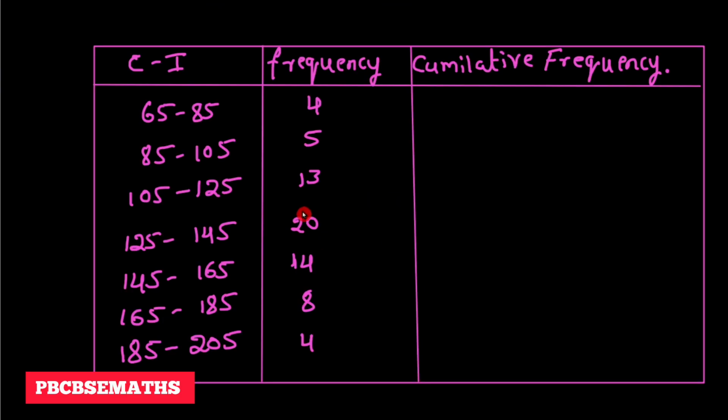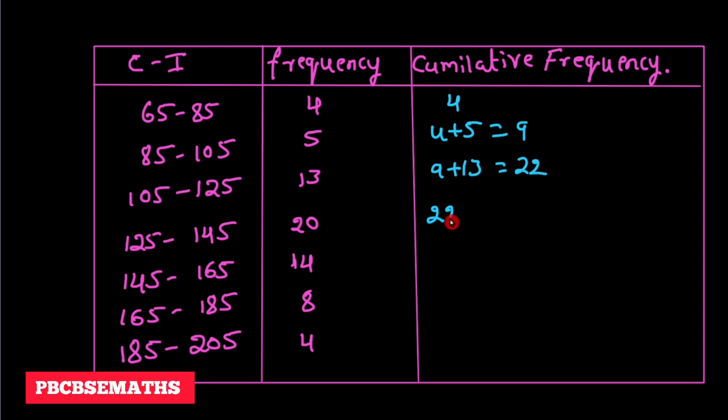Now let's calculate the median of this given data. So to calculate the median, we need cumulative frequency. So let's write that cumulative frequency. Here it is 4. Here it is 4 plus 5, that is 9. Here it is 9 plus 13, which is 22.